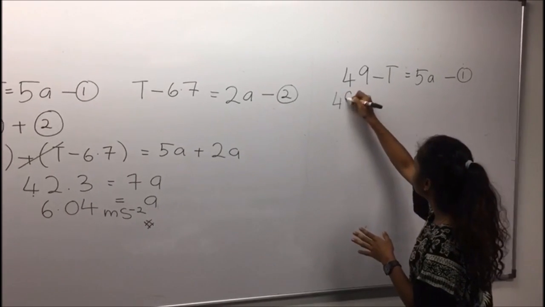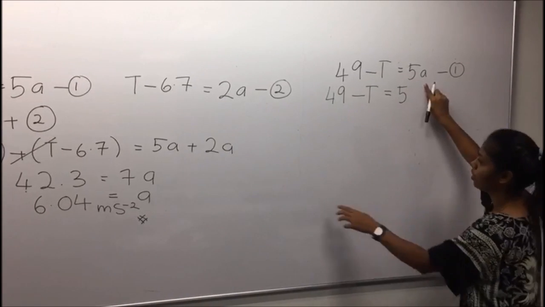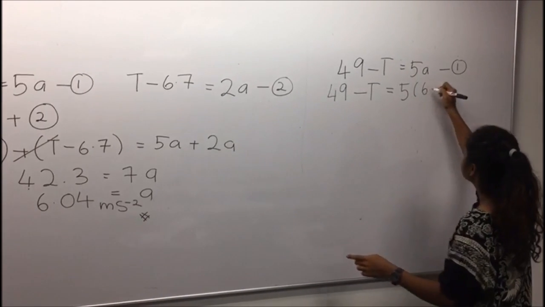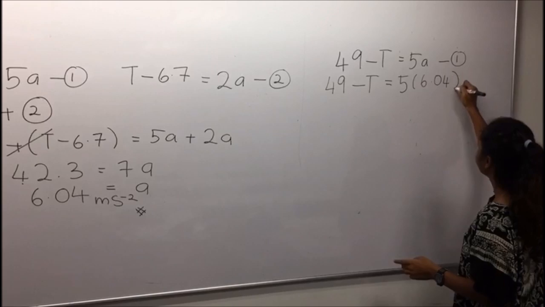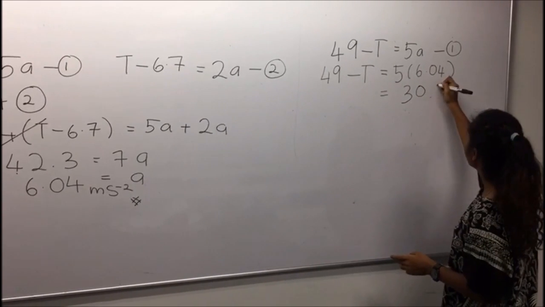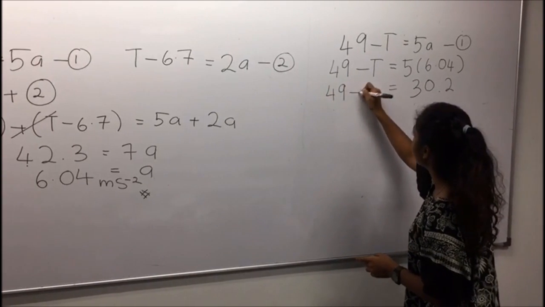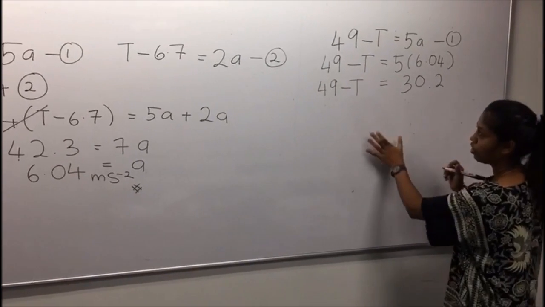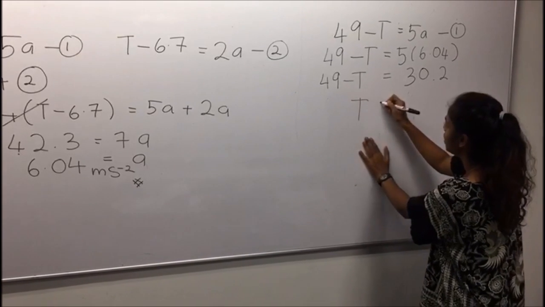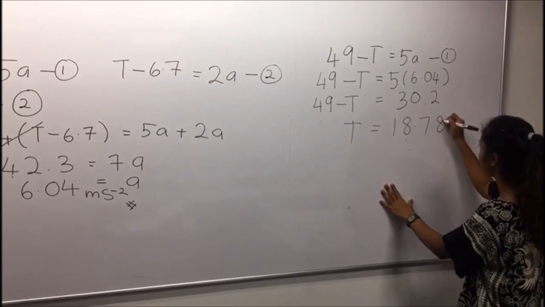So 49 minus T is equal to 5 times our a, which is 6.04. So this is 30.2. 49 minus T equals 30.2. When you solve this, T is equal to 18.78 Newtons.